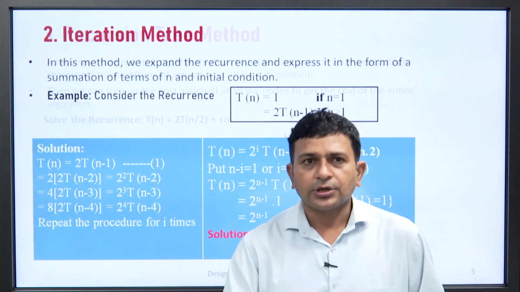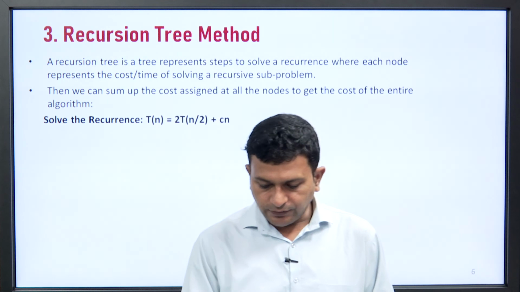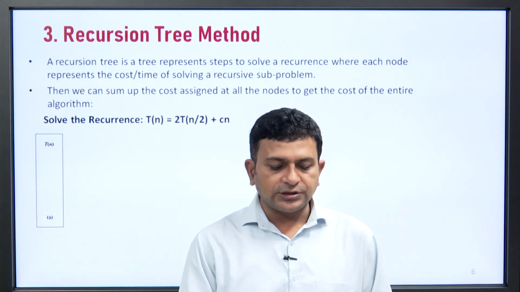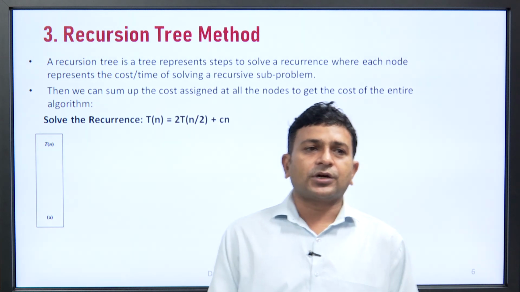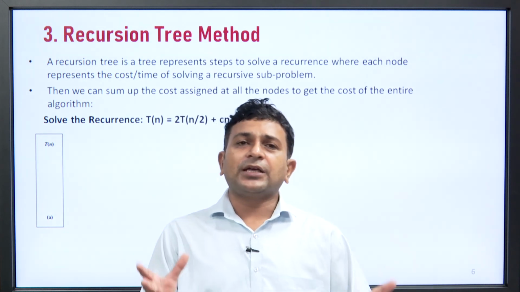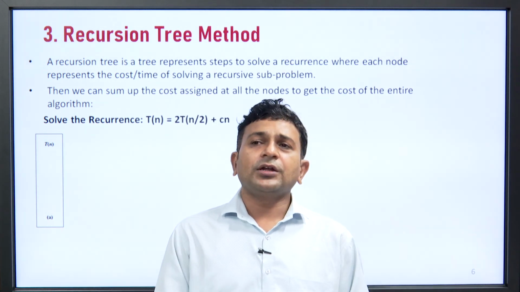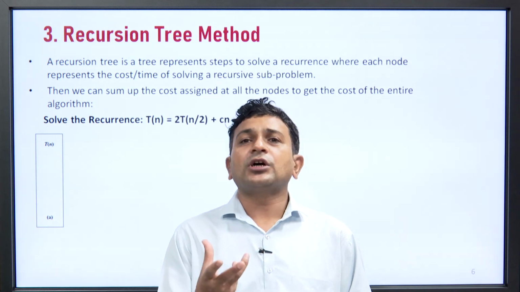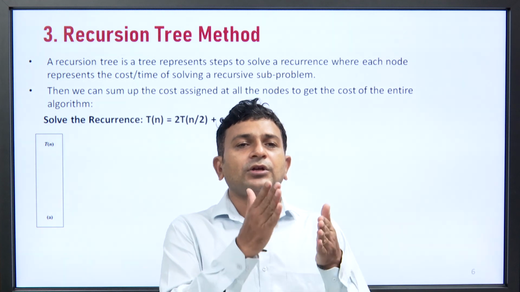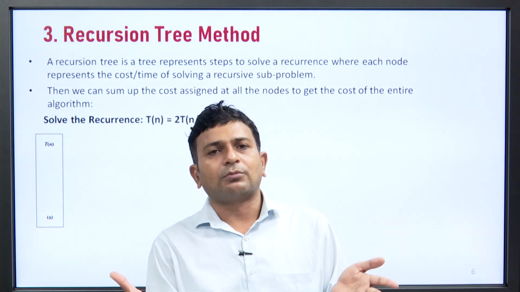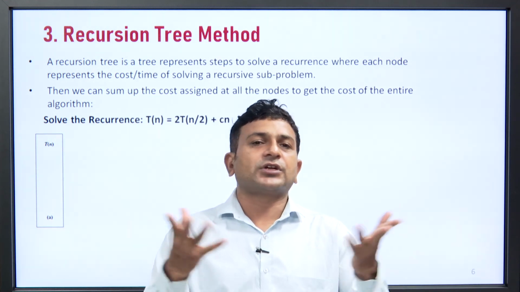Now, just see the third method, a very important method, that is the recursion tree method. In the recursion tree method, the recurrence is represented by a recursion tree where each node represents the cost of solving a subproblem. Basically, we divide a problem into a number of subproblems, and those subproblems are solved recursively.